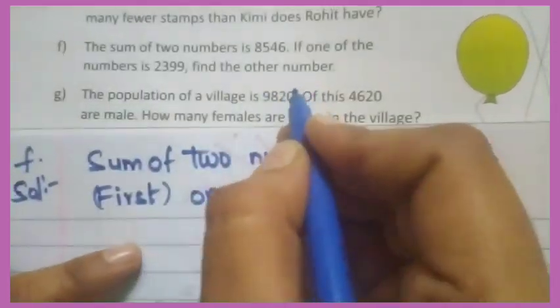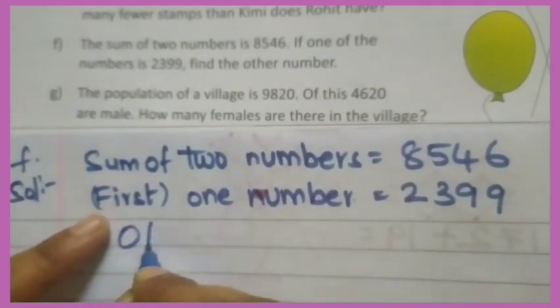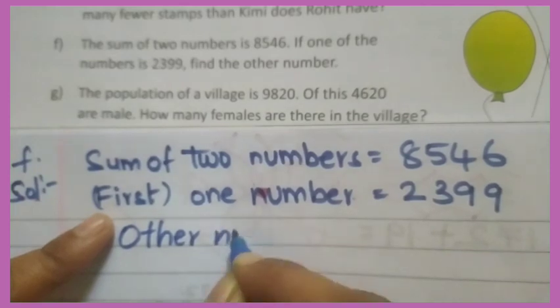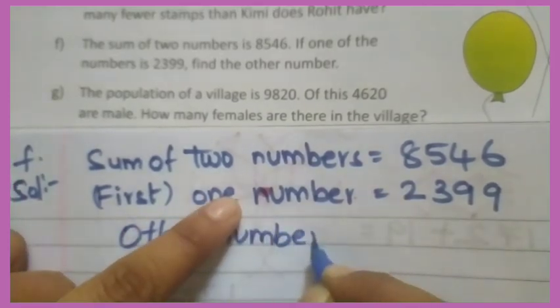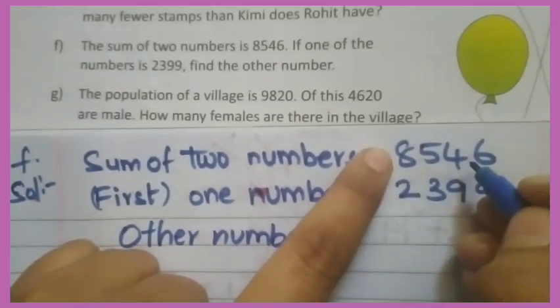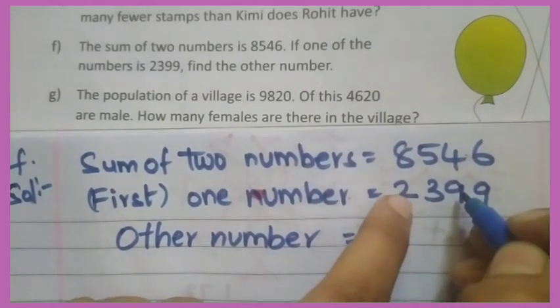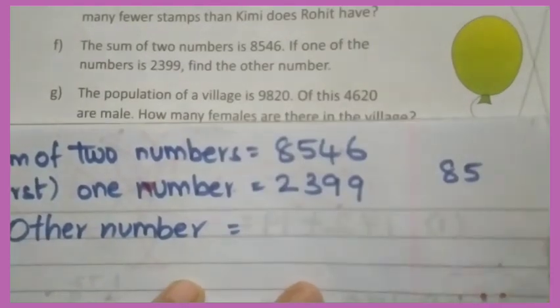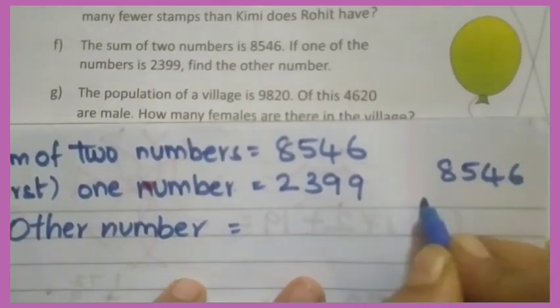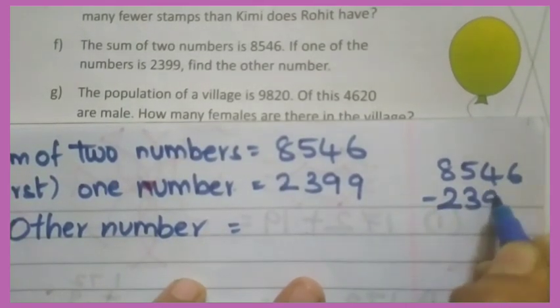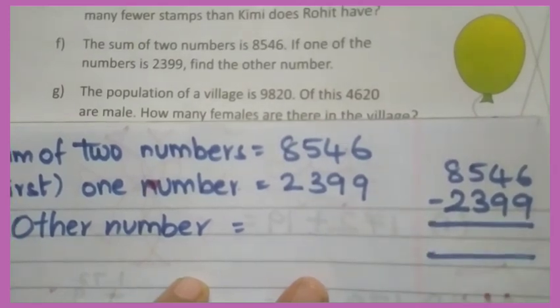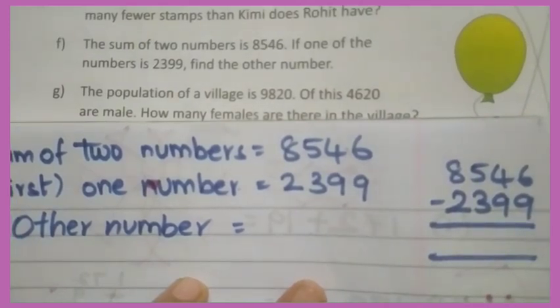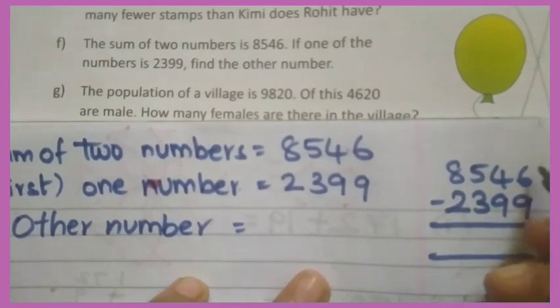Now we have to find other number. Very simple. Other number means one number given. To find other number we have to subtract total minus one number. Okay. What is that? 8546 minus 2399. Okay. Always we have to do subtraction from ones place.